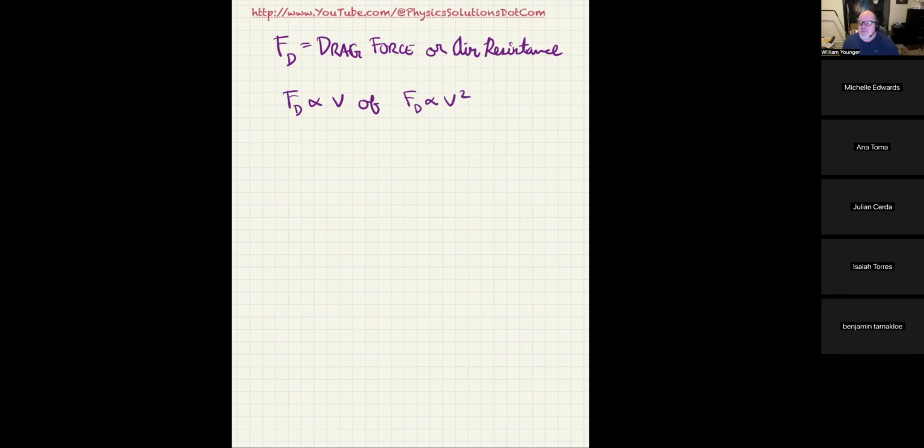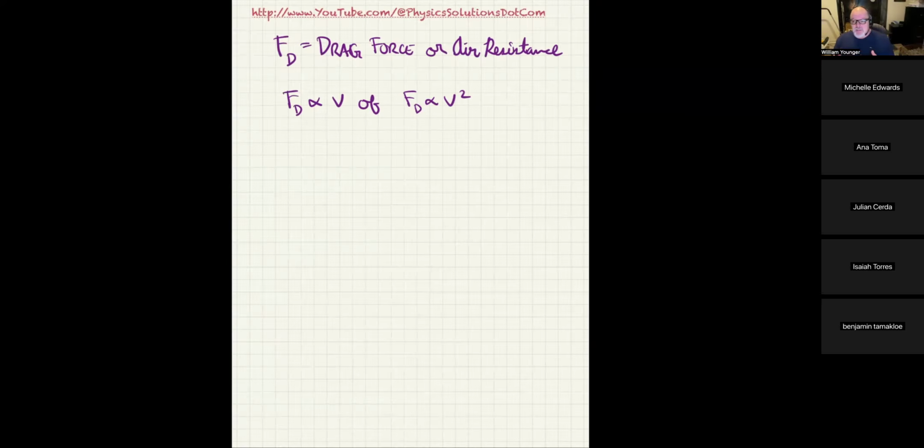It turns out the v squared is more important when you're going really, really fast, or if you're going through a really, really dense liquid, that's more problematic. But a good fraction of the time, you can just say the air resistance is directly proportional to the velocity.